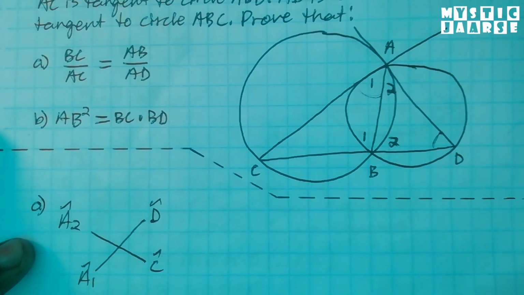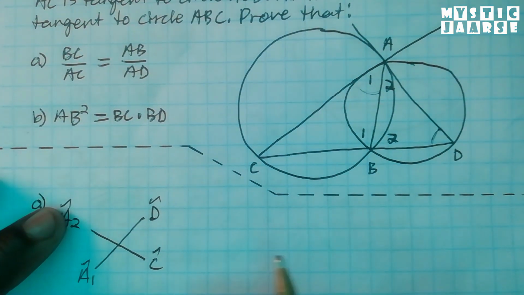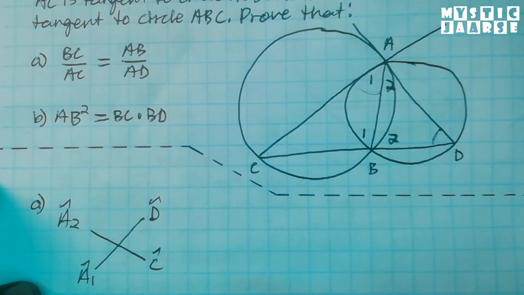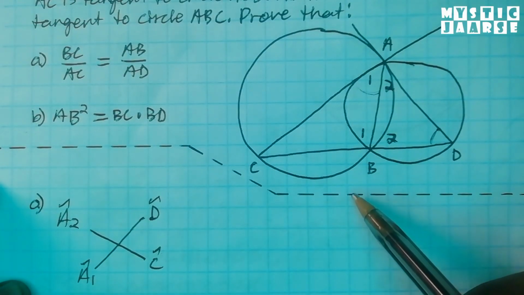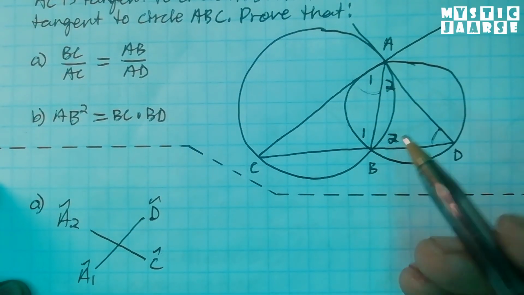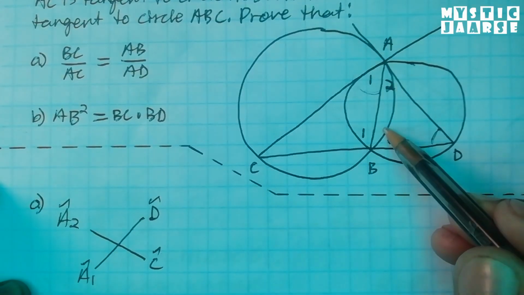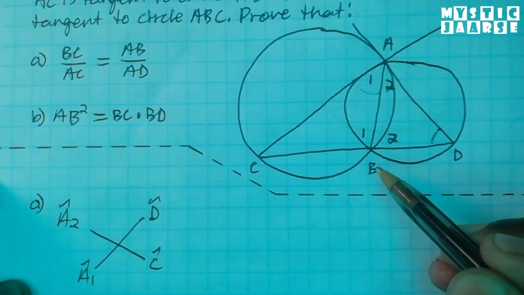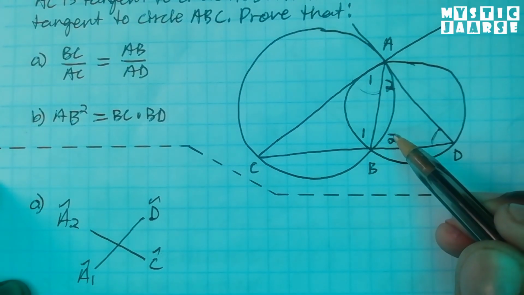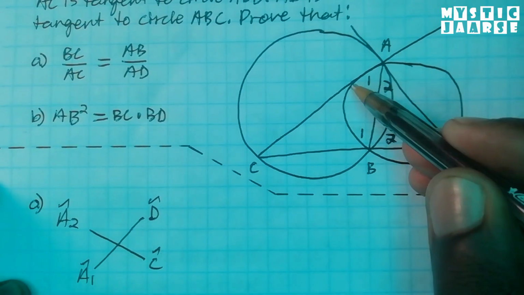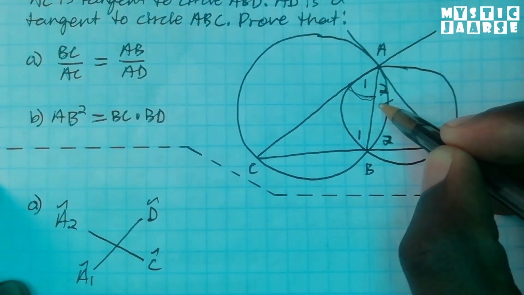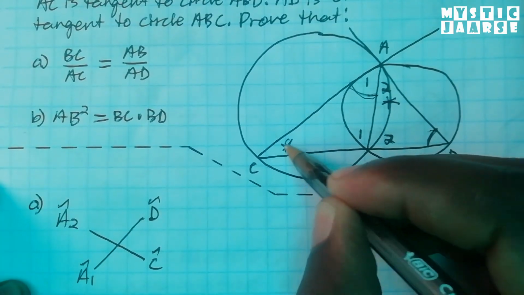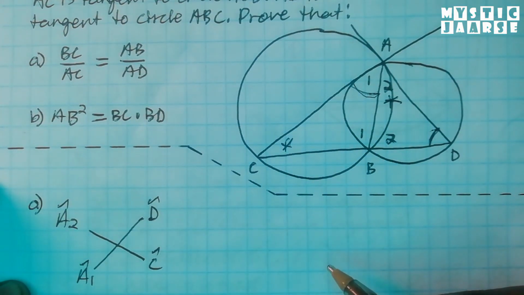Now remember, when we prove similarity, we only need two reasons, right? So even if we don't see which angles we are left with, angle B1 and angle B2, even though we can't prove that angle B1 is equal to angle B2, they are the only two angles that we haven't proved.